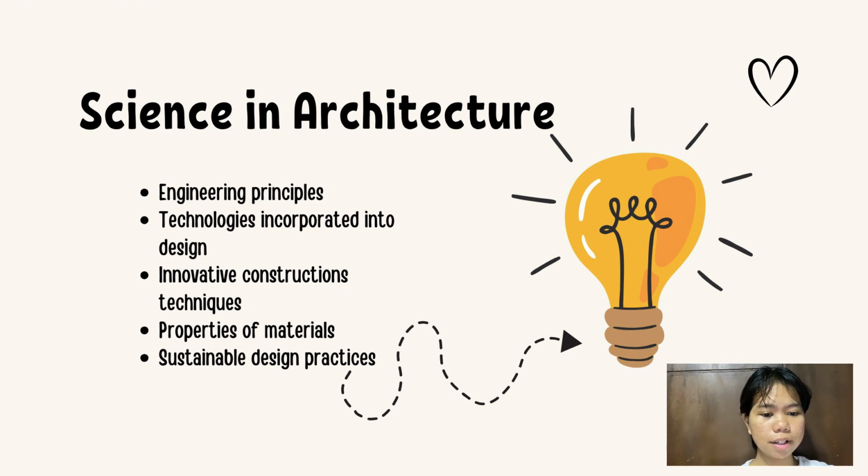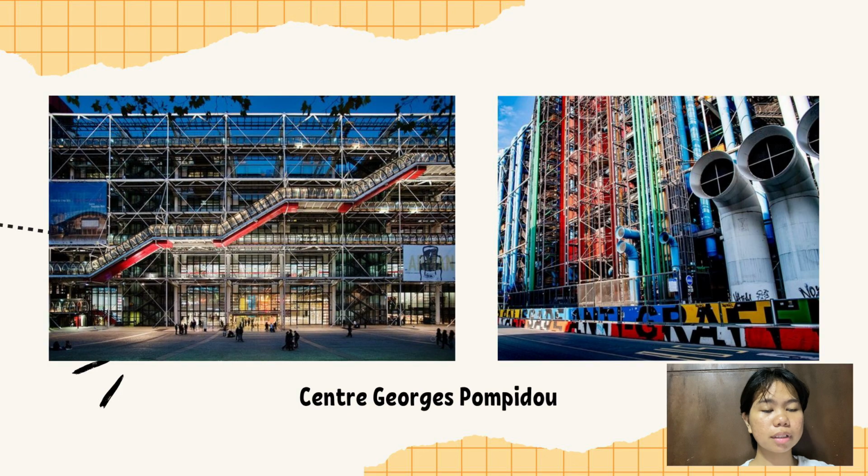So the first is the Georges Pompidou, which is located in Paris, France, completed in 1977, and it is designed by architects Renzo Piano and Richard Rogers.